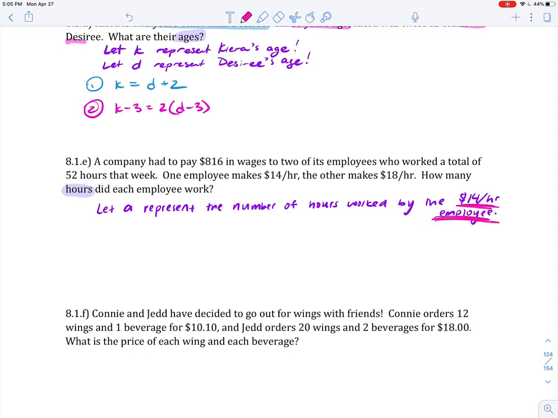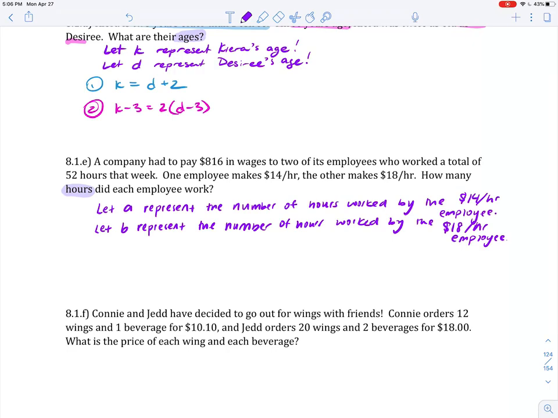So the way that we distinguished between this first one, to make sure it's clear, we said that this first employee, A, is the $14 an hour employee. Okay, so that is just used to distinguish between our first variable and our soon-to-be second variable. I'm going to let B represent the number of hours worked by the $18 an hour employee.